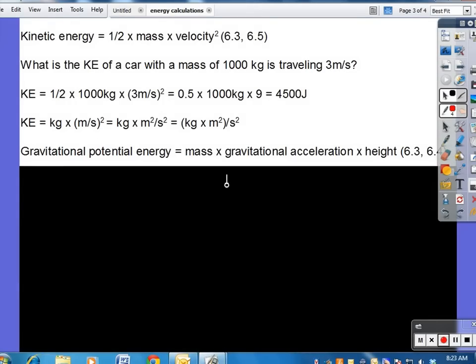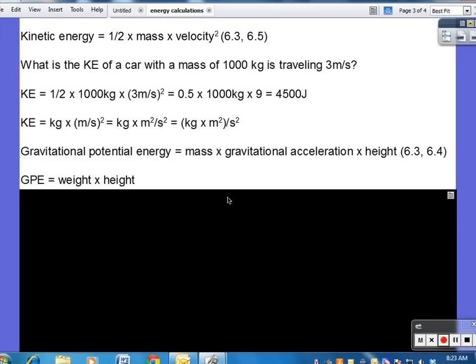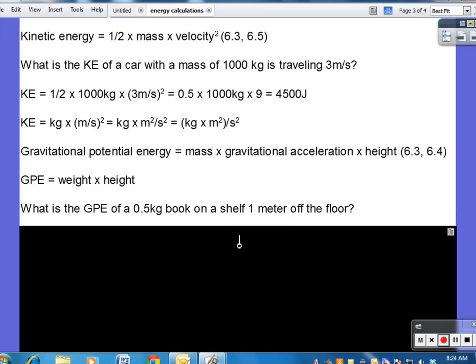Looking at potential energy, that's GPE, and it's mass times the gravitational acceleration times height, and that again is 6.3 and 6.4 in your book. Another way of looking at that is GPE equals weight times height, because weight is mass times gravity, or the acceleration from gravity.